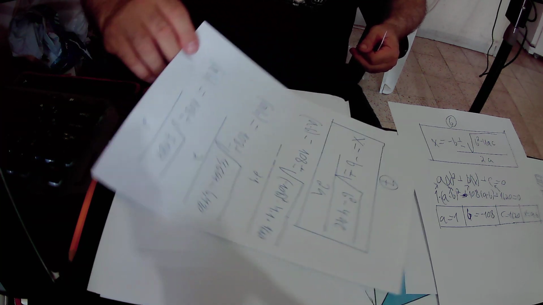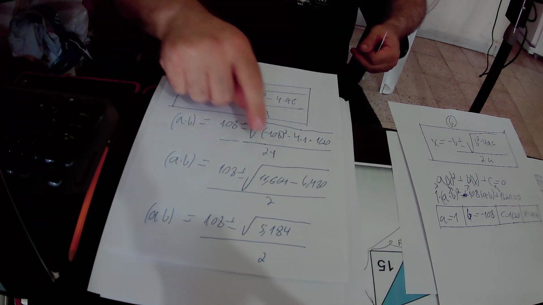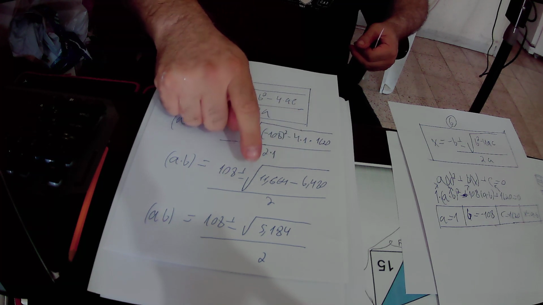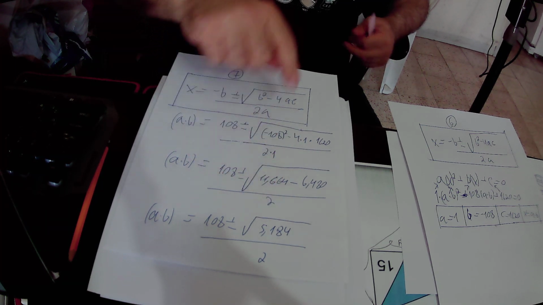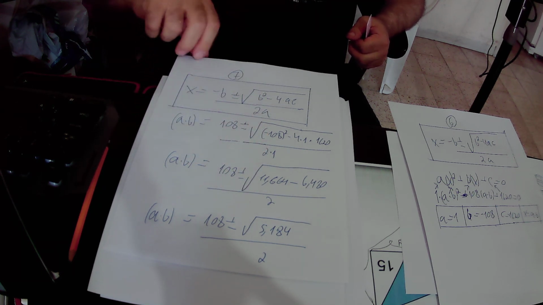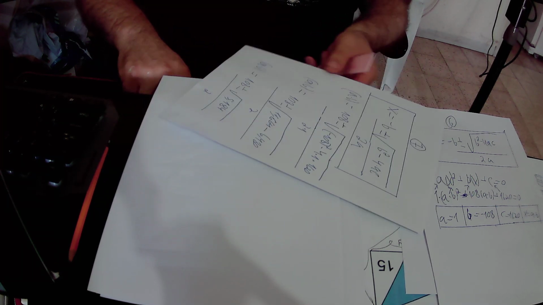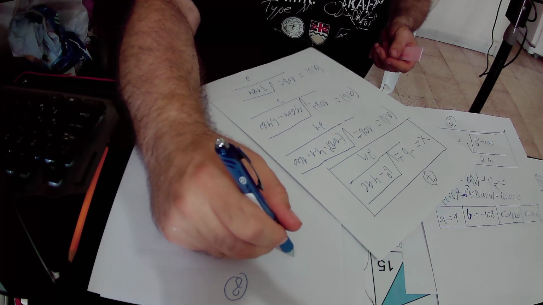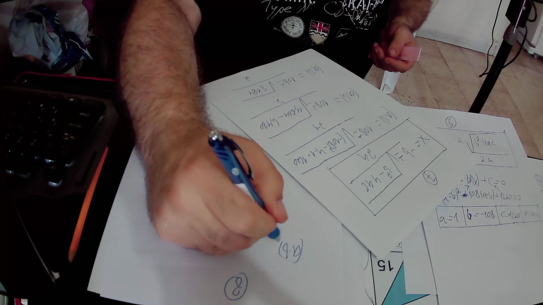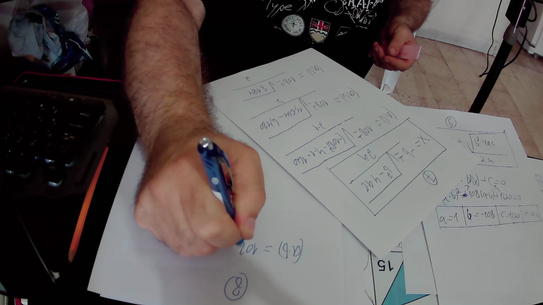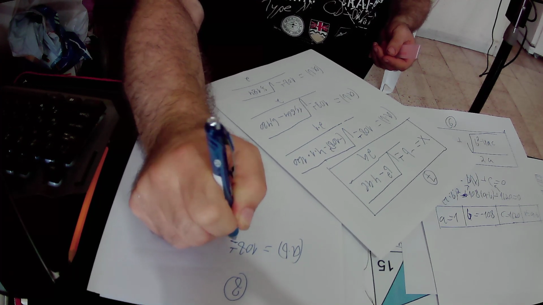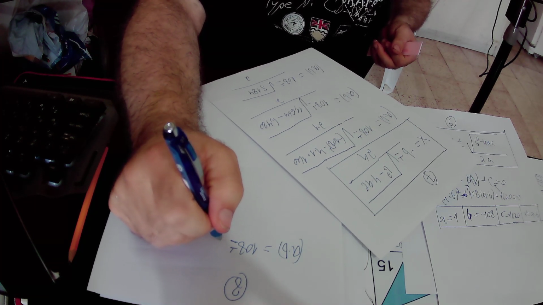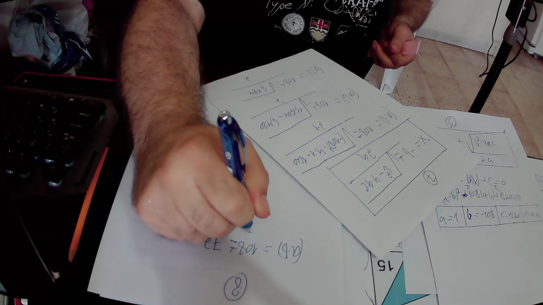Okay, so 11,664 minus 6,480 equals 5,184, all divided by 2. So we got that A times B equals 108 plus minus the root of 5,184, which is 72, divided by 2.